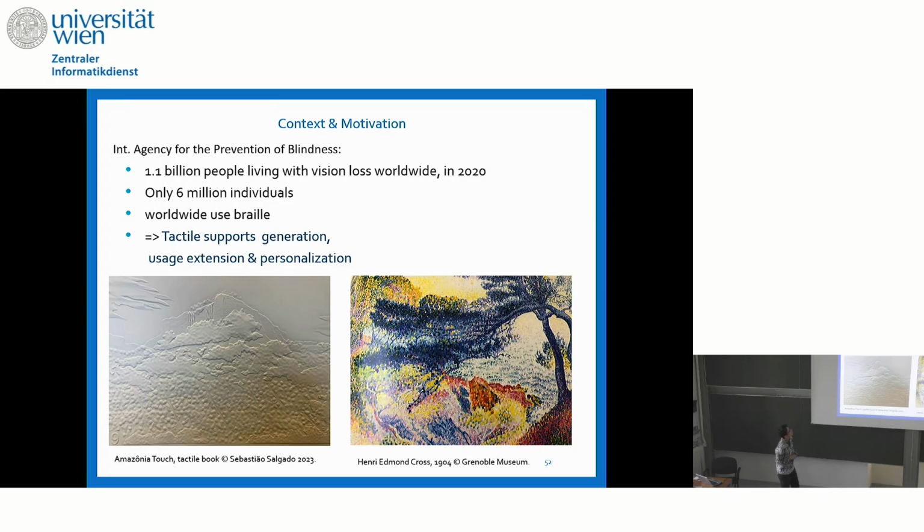And we really need to support this tactile document generation in general. I know that there are some movements in museums to make all the paintings, etc., accessible.